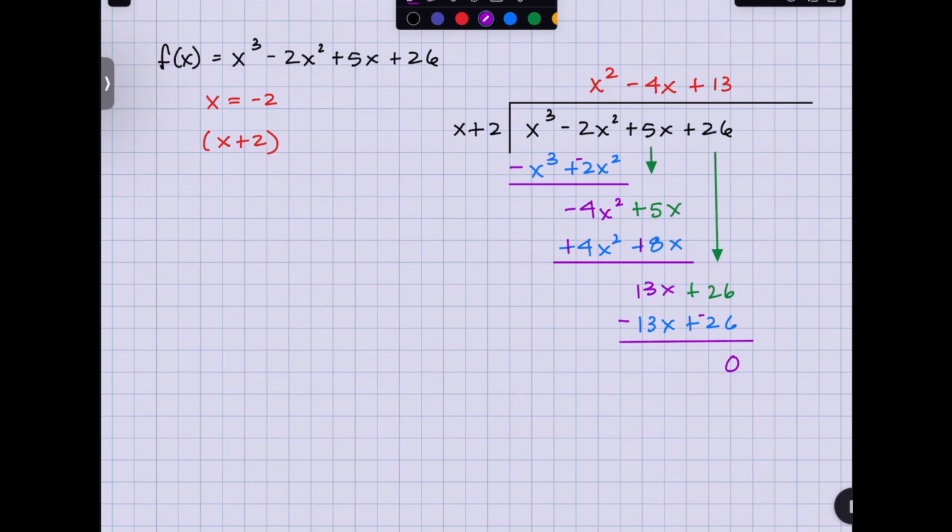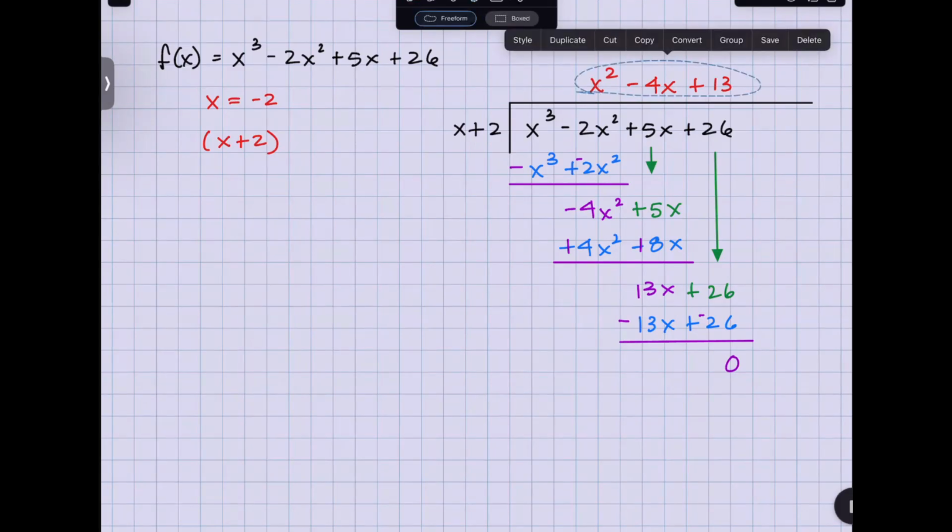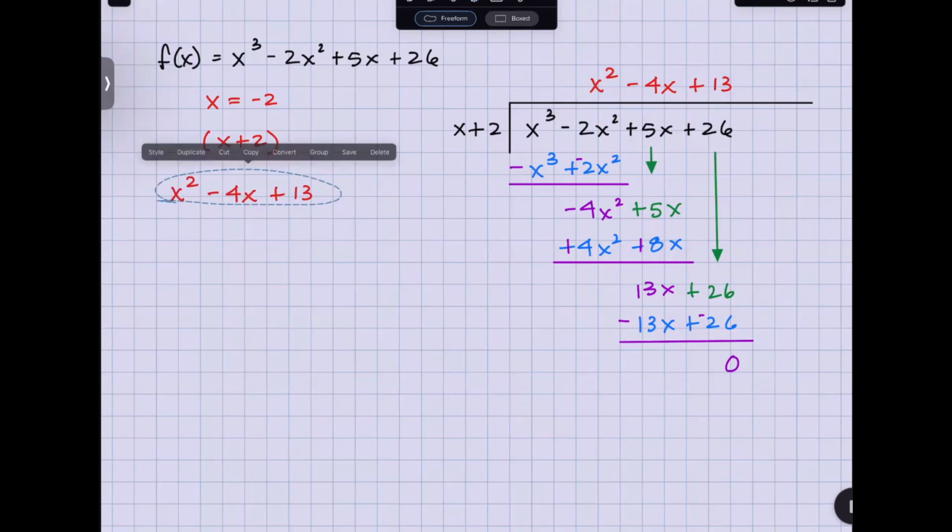So how are we going to go about factoring this? Anybody?